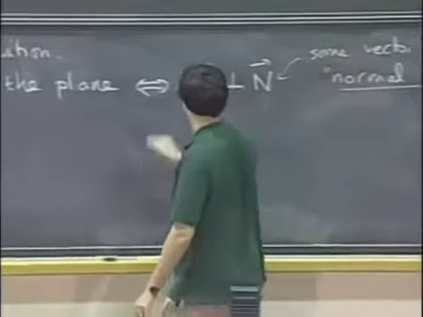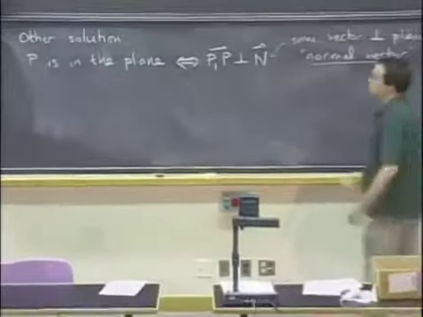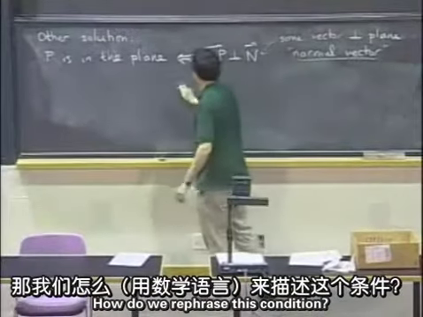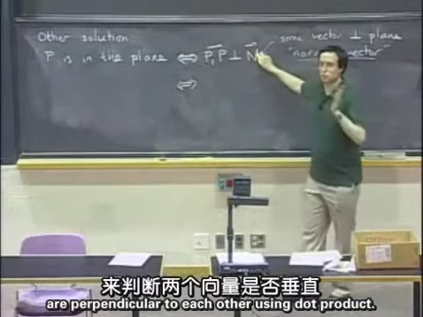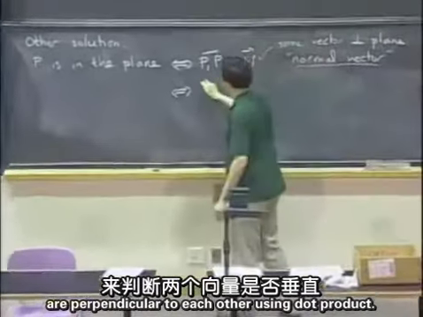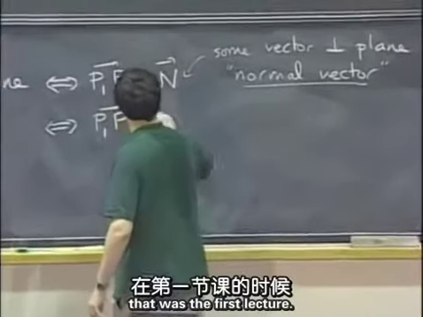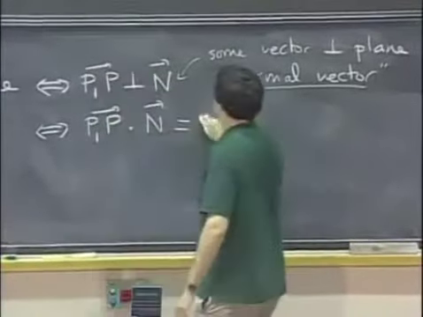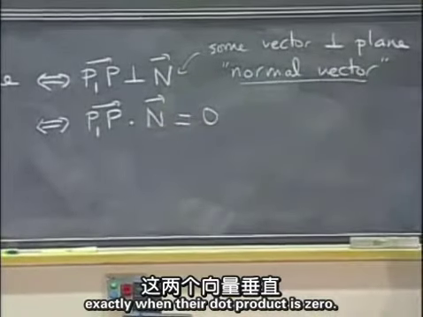Okay. So how do we rephrase this condition? Well, we've learned how to detect whether two vectors are perpendicular to each other using dot product. Dot product, that's the first lecture. So these two vectors are perpendicular exactly when their dot product is 0.